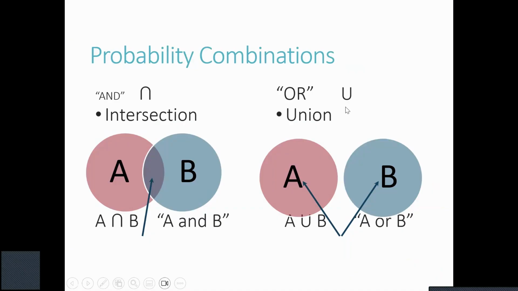That's important. We also have an OR idea, A or B, and that's denoted with the regular U, which stands for union. And so here we have A and here we have B, and they don't overlap at all in this case. And so A or B could be just everything over here in A and everything over here in B.